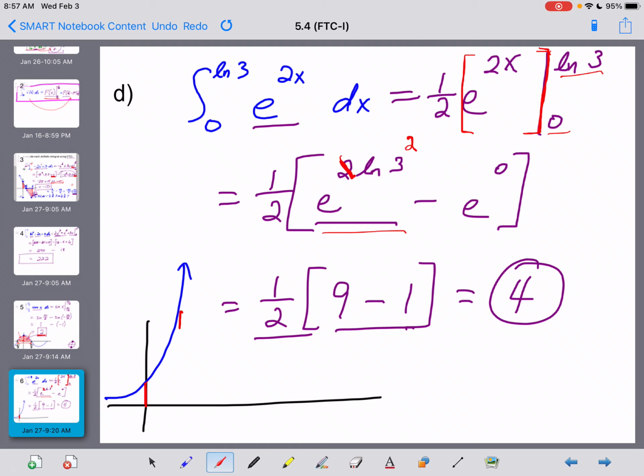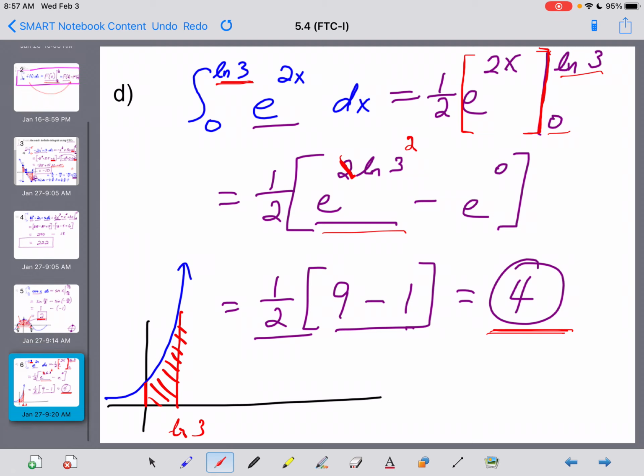It would be just a little bit more than 1, everybody. But that value right there is the natural log of 3. This region here has a nice, clean, rational area of 4. This is an example of how sometimes I choose to make a problem ugly at the beginning, but the reason I do it is because I want the answer to work out nicely at the end.